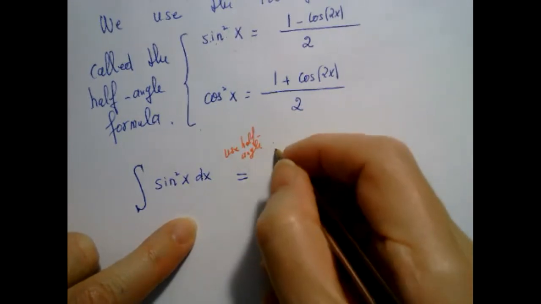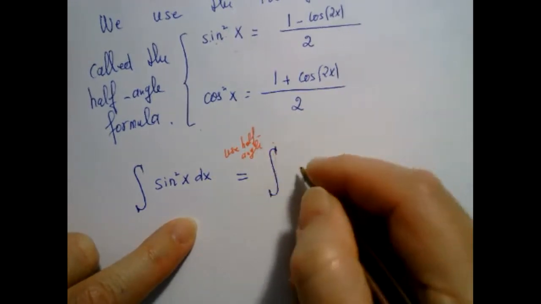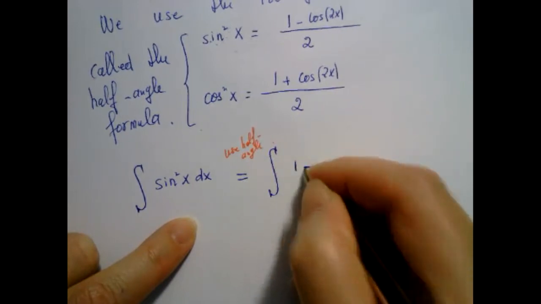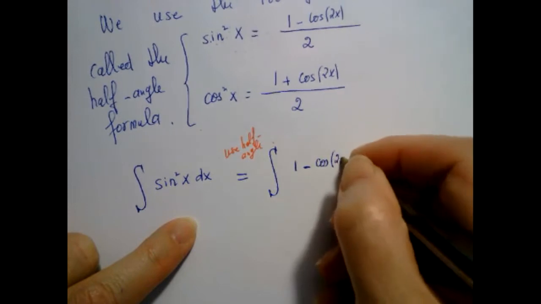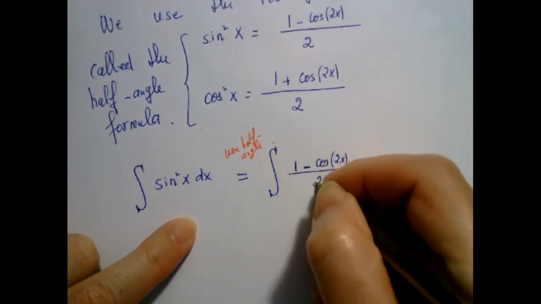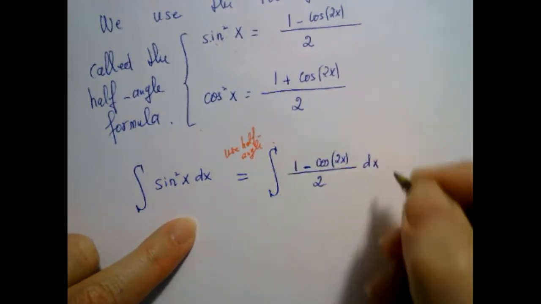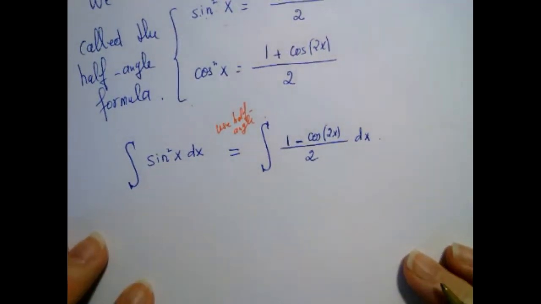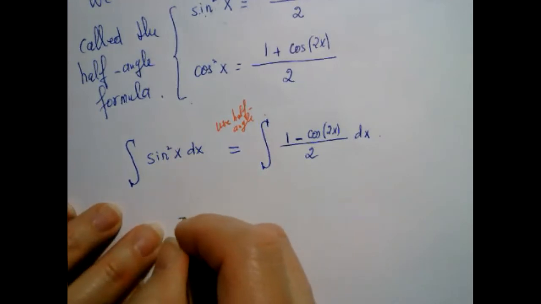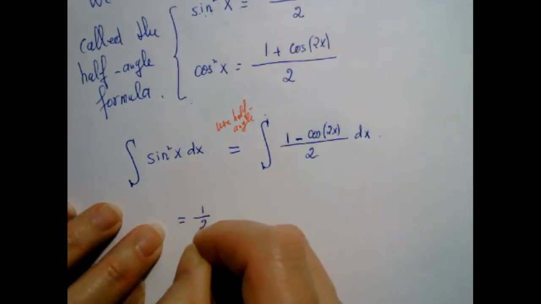It's going to be equal to the integral of 1 minus cosine 2x divided by 2 dx. Okay, I use it verbatim. 1/2 is a constant. A half could be pulled out.